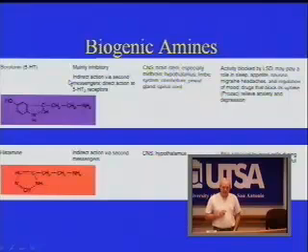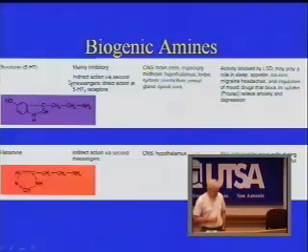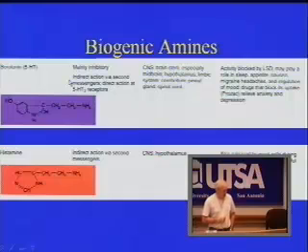Another type of biogenic amine are the indolamines. Your textbook has these terms in the spelling, so therefore I'm not providing those. The indolamines include serotonin and melatonin. Serotonin is shown on the slide here. And then histamine has its own separate category as a biogenic amine. So there's catecholamines; let me list them in the synthesis pathway.